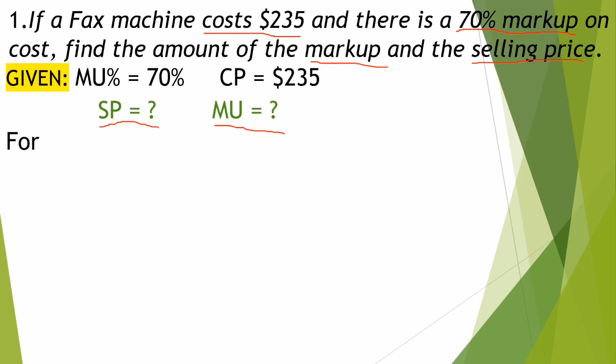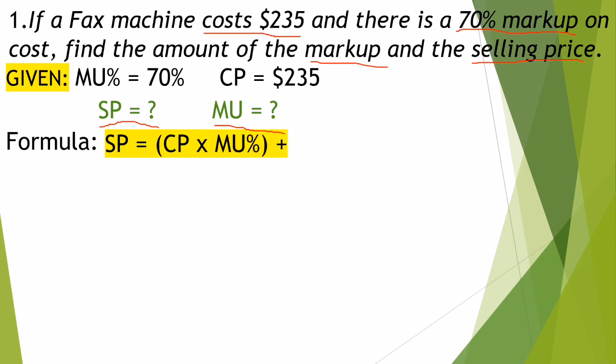Next, for our formula in getting the selling price, we have SP is equal to CP times MU percentage plus CP. So, ito ang gagamitin natin since ang given ay cost price and markup percentage.